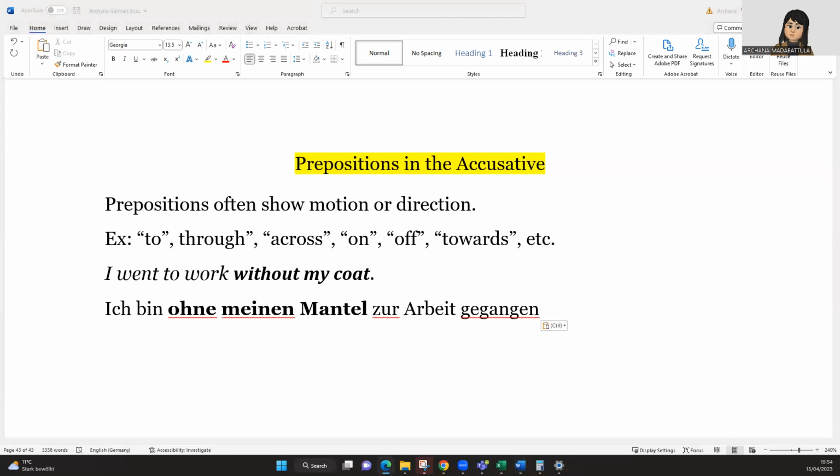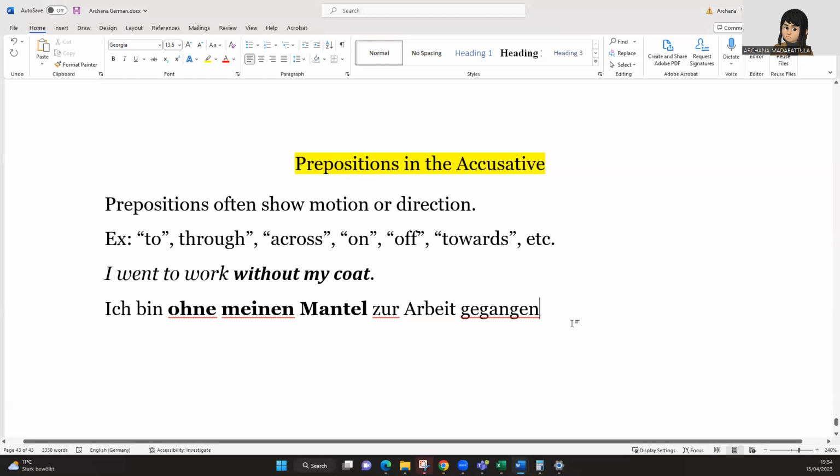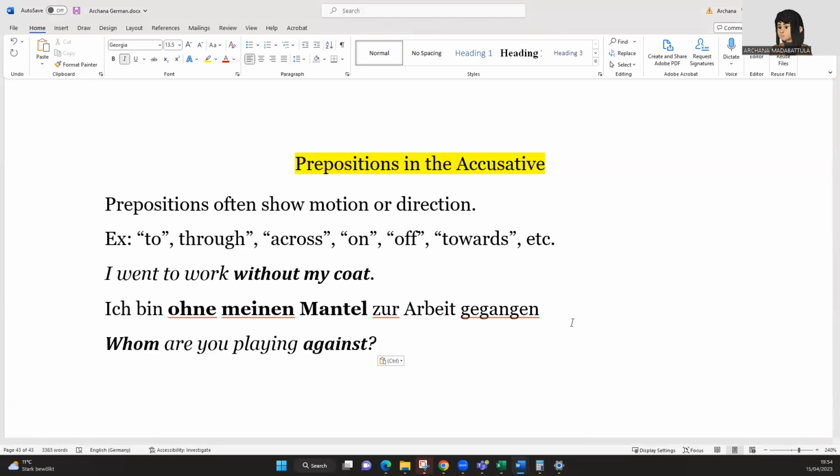Next: whom are you playing against? This is a very tricky sentence, and I think you will come across many like this. In German it is gegen wen spielst du.